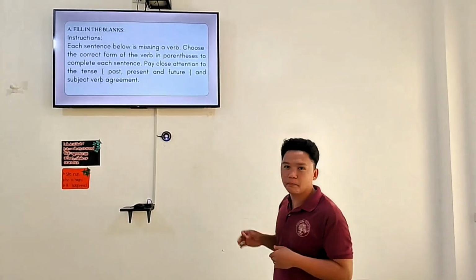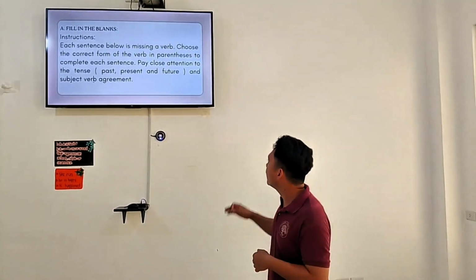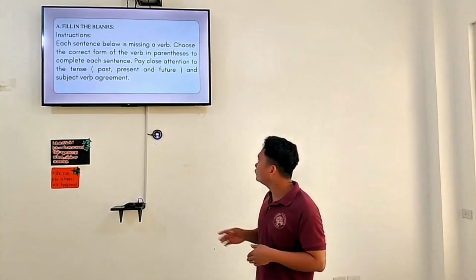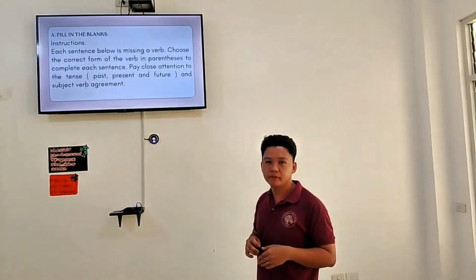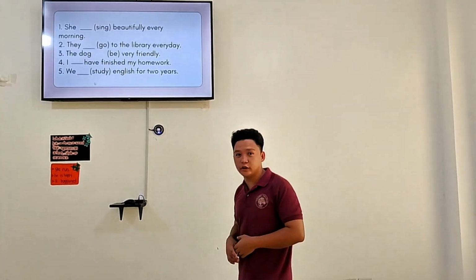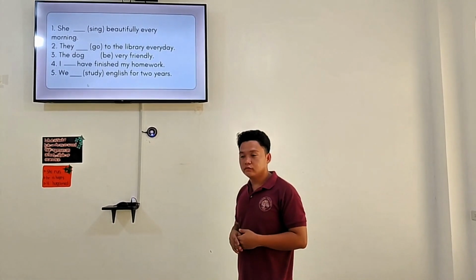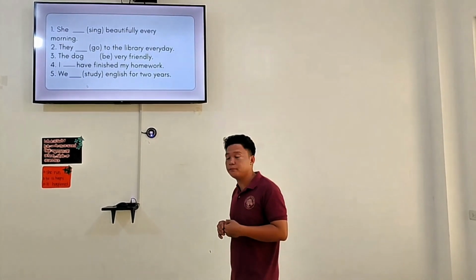Pay close attention to the tense, past, present, and future, and subject-verb agreement. Let's start to answer the first letter. Okay, are you done? Okay, let's proceed to letter B.